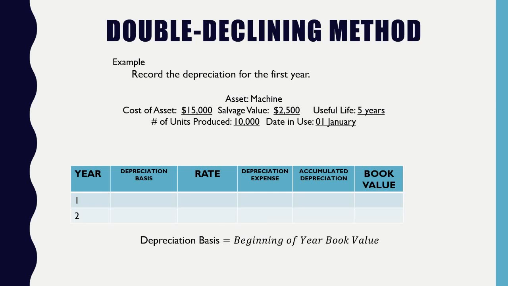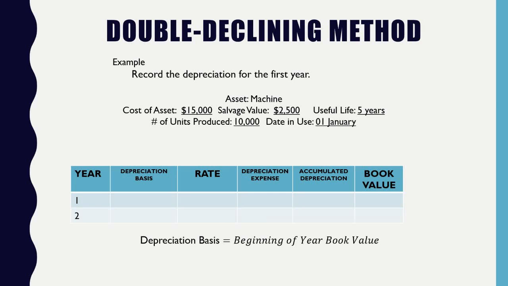Number one, let's figure out what the depreciation basis is. It's supposed to be the beginning of the year's book value. The day that you purchase your asset is going to be your book value, because even though we understand it as fair market value, the minute you acquire it and put it in your books, it becomes book value.